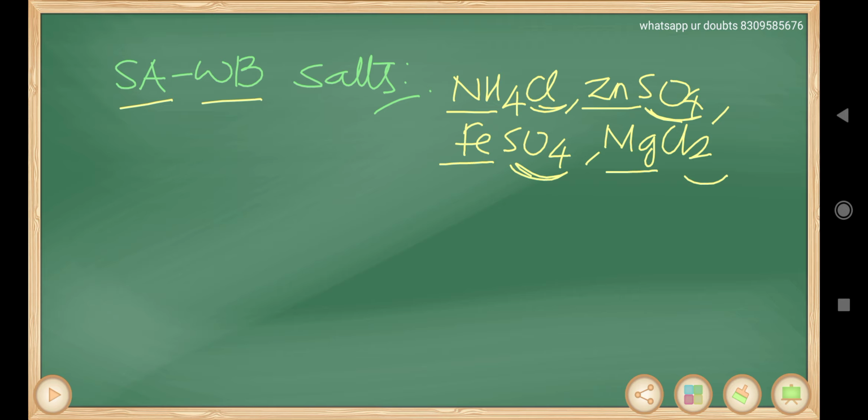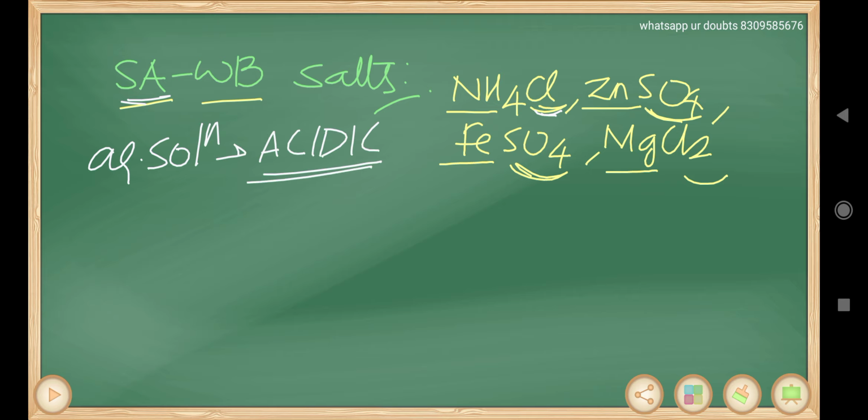In these kinds of cases, use your common sense. Here the acid is strong. When the acid is strong, the aqueous solution is definitely acidic in nature. And the part coming from the weak one is going to participate. In NH4Cl, you can see NH4 plus and Cl minus.